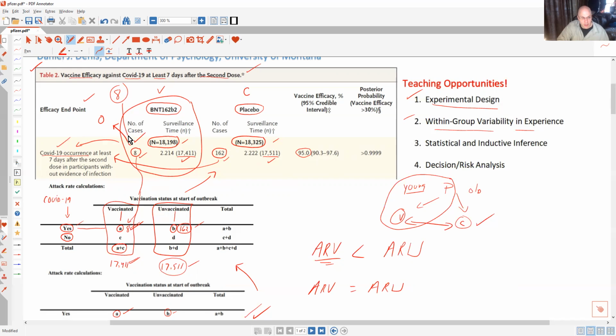And that is information that's happening within the group. The 95% efficacy, we're doing a comparison between the placebo and the vaccine group, but even looking within the group can reveal a lot of rich research questions. For instance, why did they get it? Why did the people who received the vaccine, 8 people, also develop COVID-19?